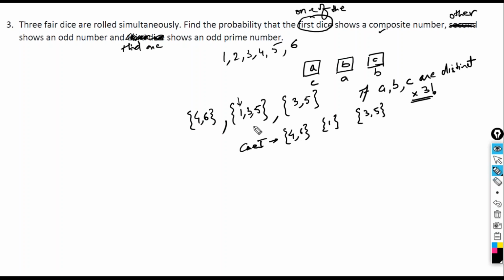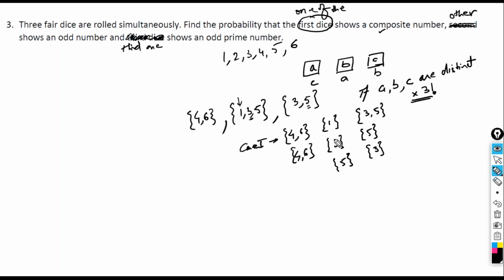The moment we get 3 on this, if we get 5 on that, that is again a different case. So if we consider 4 or 6 on one of the dice, and on this dice if it is 3, and on the other if it is 5, it will work out. Or on this if it is 5, and on the third one it is 3, again it will work out.